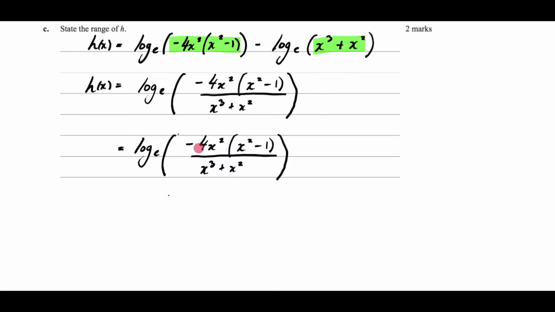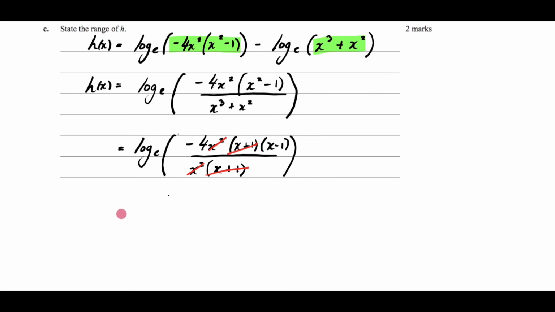So what I'm going to do is take out a common factor here of x squared. So I'm going to be left with x plus 1, and that means I can get rid of this. And I've got x plus 1 here, and, well, this is difference of perfect squares. I can rewrite this as x plus 1, x minus 1. So the reason why I've done that, hopefully you can see, I can get rid of that and that.